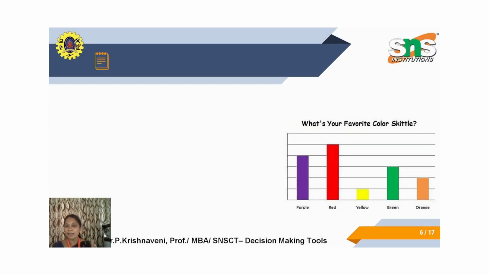Like, what is your favorite color? Purple is there, red, yellow, green, orange. This single information, yellow, red, green, will not give any important information for making a decision. But if I am going to design my package or give my ad, obviously I must know who my customer is and what their favorite color is, because that pleasing color can be included in my product.